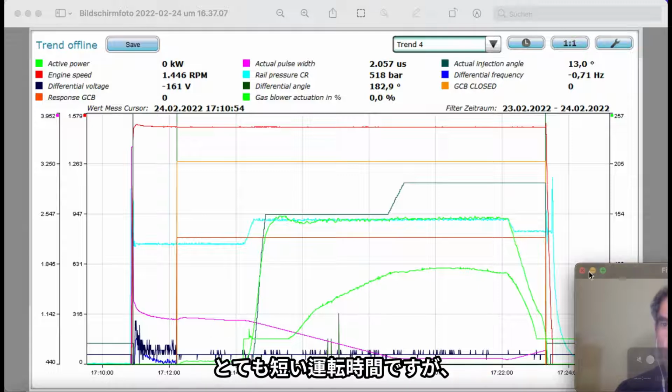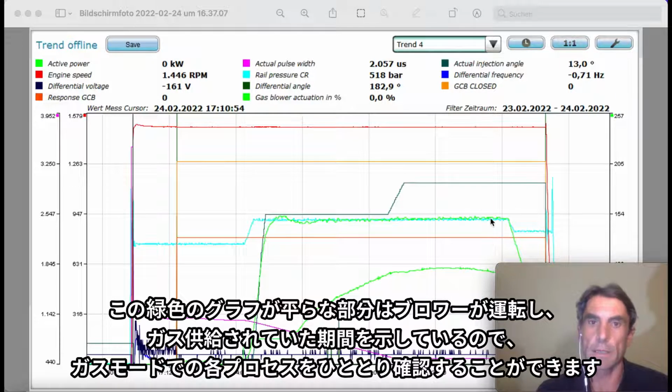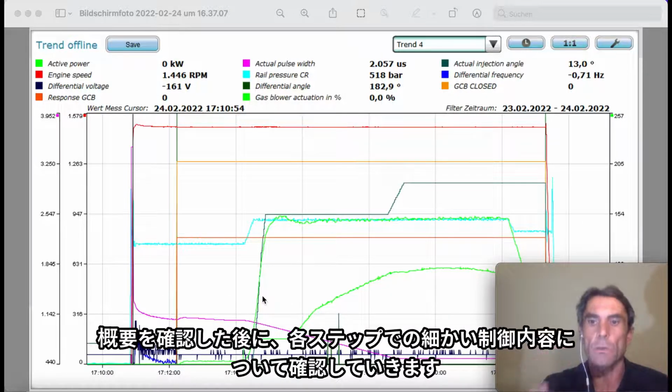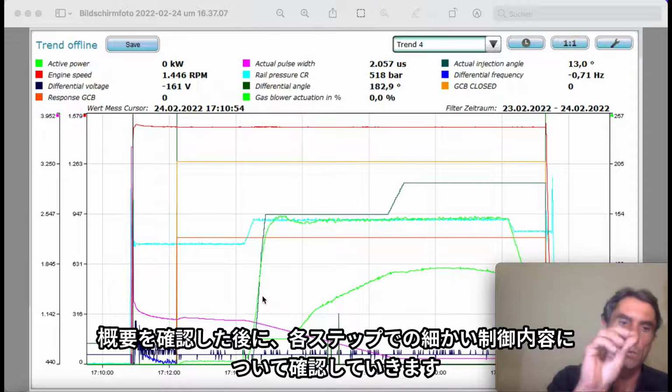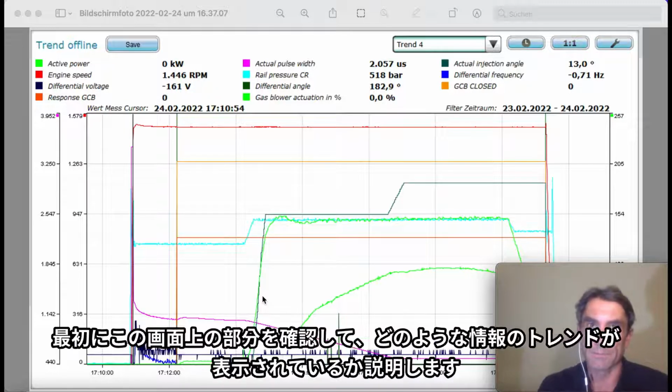So it was a short operation in gas mode at that plant. So we will see all the process over, let's say, 50 minutes after start, what is going on. This is the first step to understand the process. And we dive into the starting phase and go then through all the points.